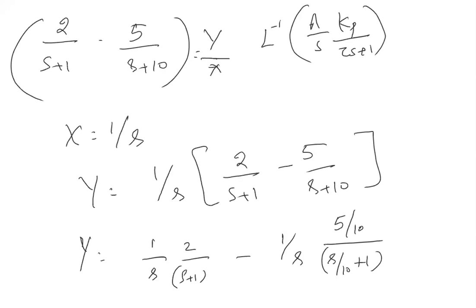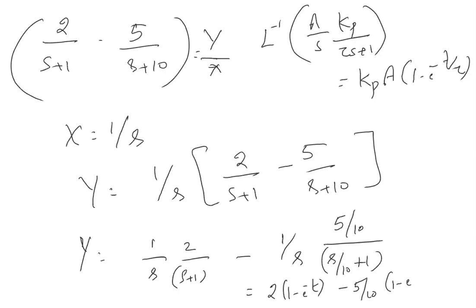The inverse Laplace of A by s into Kp by tau s plus 1 is Kp into A into 1 minus e power minus t by tau. If you remember that, you can do it that way. Otherwise, just split into partial fractions. This is 2 into 1 minus e power minus t, minus 5 by 10 into 1 minus e power minus t by 10.